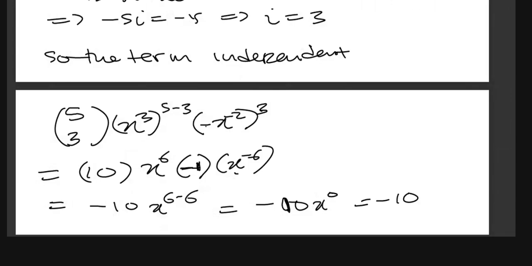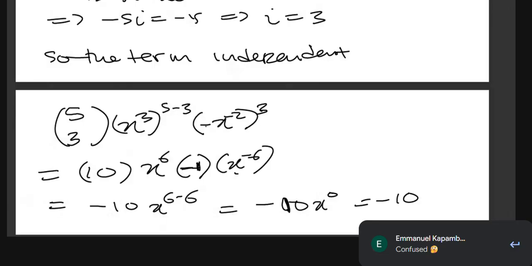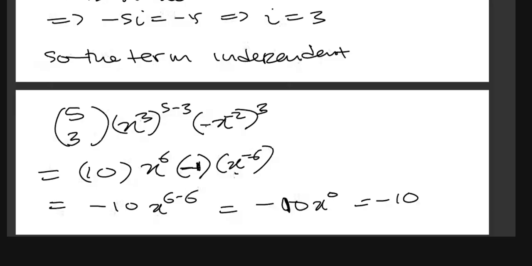Emmanuel? Yes, sir. On the x on the right side, I'm not sure I got how it became negative. It was already negative from the question. Oh, okay. Thank you, sir. Now, sir, where did you get the negative one?